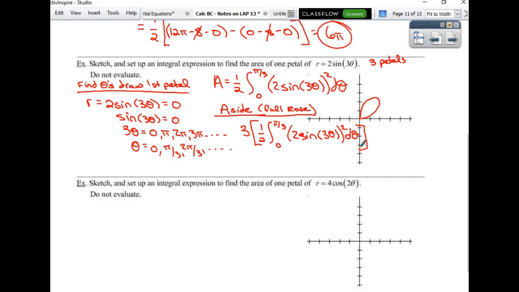Absolutely, yeah. This is completely an organizational choice. Since I'm on the microphone, I should probably repeat the question. The question was, could we turn this into a 3/2? I am making a purposeful decision to not write it that way because I want to see that here is the area for a single petal and that I'm going to have 3 of them.